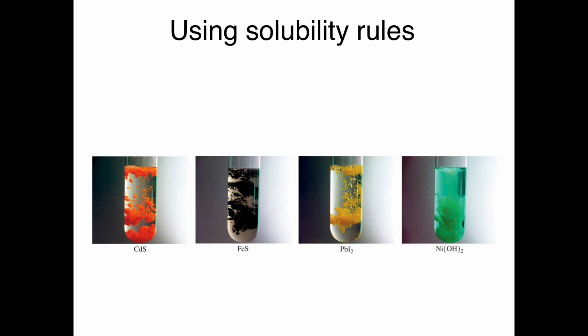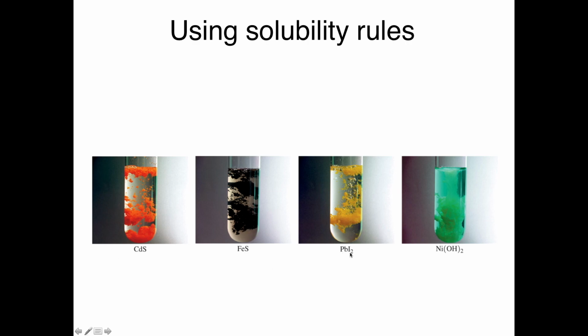Sulfur, from the previous solubility table, we found out that sulfides are insoluble most of the time, right? So if it's paired with cadmium, it will be insoluble. It will crash out. Same thing, if sulfide is paired up with iron, it is not one of those exceptions on the top. It will crash out as this black solid.